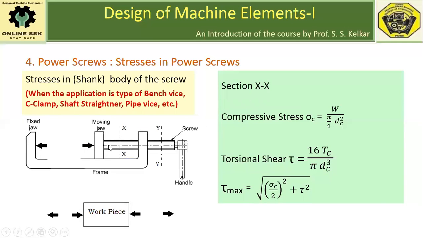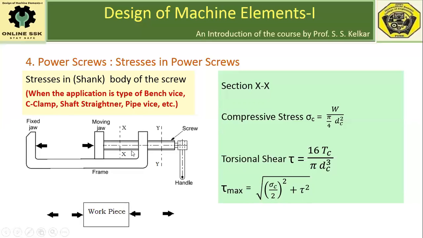Now, this portion XX is also subjected to compression due to the compressive force. This is the reactive force given by the workpiece, as experienced by the moving jaw as well as the fixed jaw. The moving jaw is experiencing force which will cause compression of section XX.